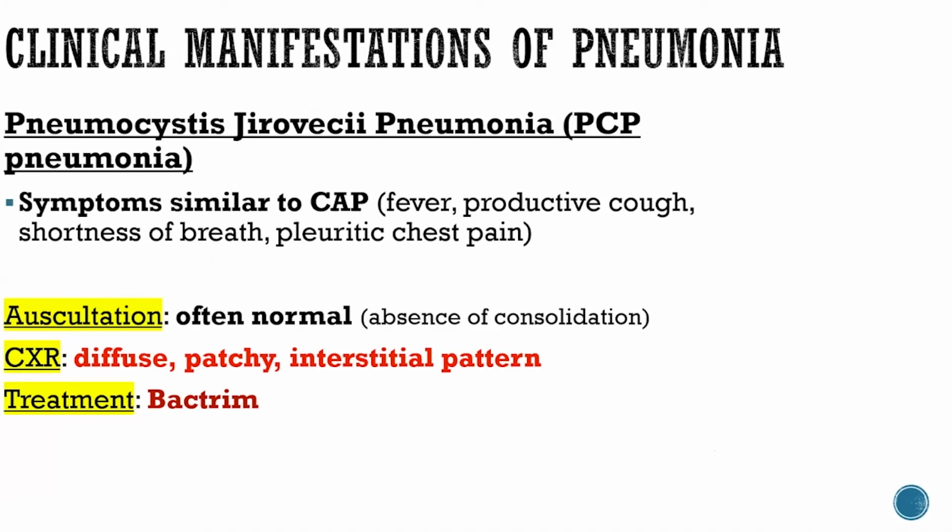And that tends to be one of the things that make you think right away that you're dealing with PCP, which is a patient with, for example, HIV or organ transplant history with a chest x-ray with diffuse, patchy, or interstitial patterns. It's very important that you identify this specific group of patients because the treatment will be very different. You must include Bactrim as part of your antibiotic regimen because Bactrim is the treatment for PCP.